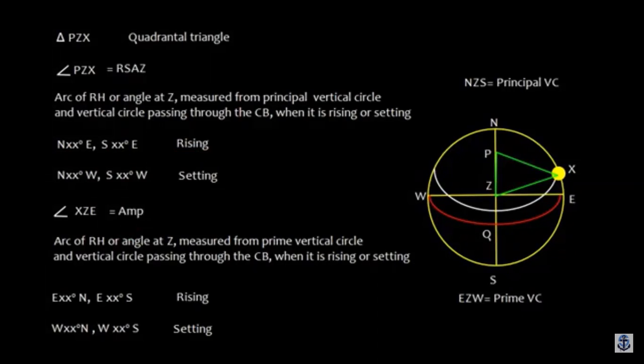As you can see here, declination is north and rising, so azimuth will be east and north, in the first quadrant, northeast. If it is south declination, then southeast.